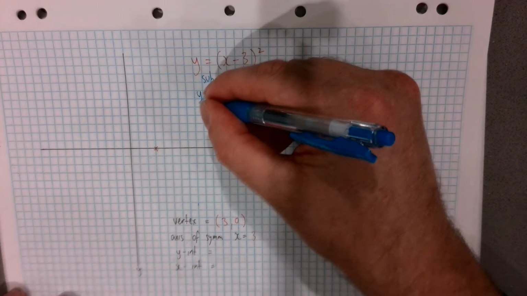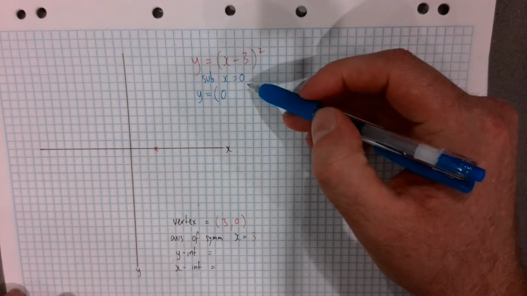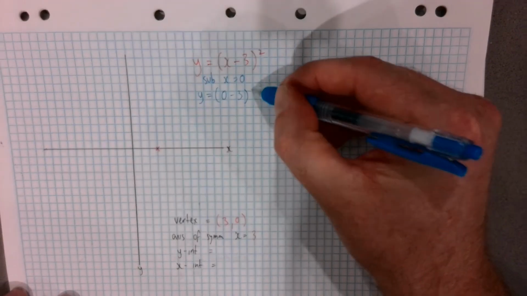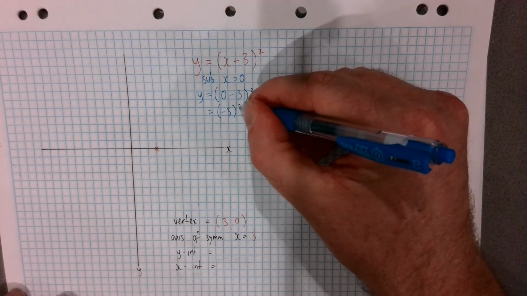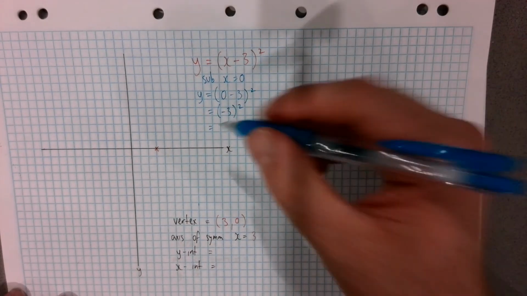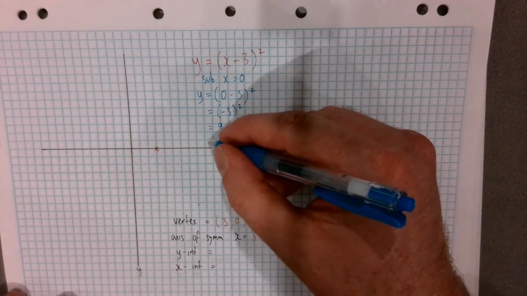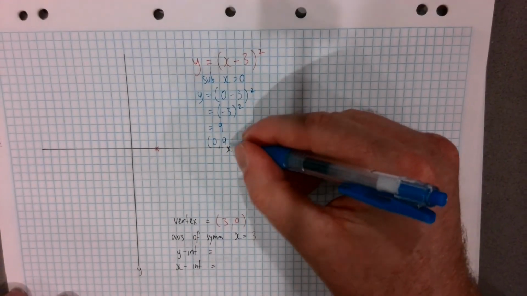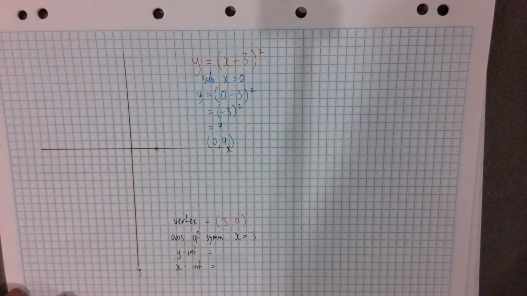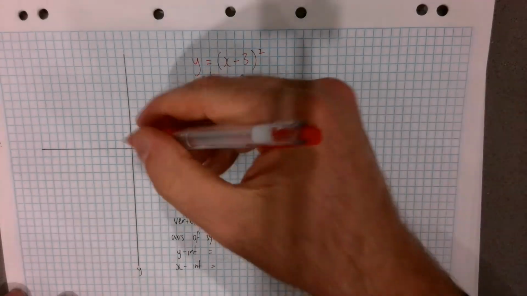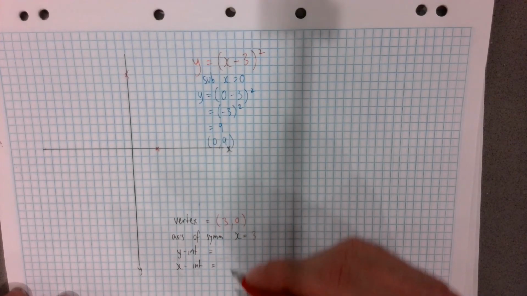So let's substitute 0 into this equation. y equals, instead of x, we've got 0 take 3 all squared. 0 take 3 is minus 3 all squared. Minus 3 squared is 9, which gives me a coordinate 0, 9. So when x is 0, y is 9, that's also my y-intercept. Go ahead and mark that on. 1, 2, 3, 4, 9.